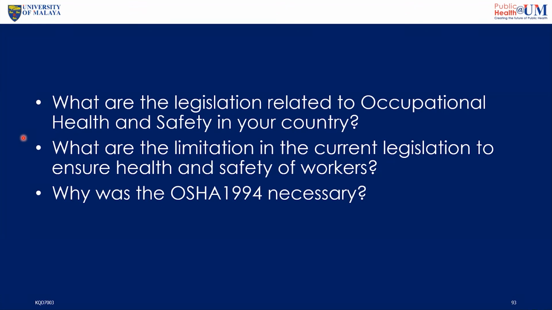If you look at FMA last time, it's very prescriptive. We tell you exactly what to do. So why did we move from FMA to OSHA? There are two reasons. We started off with FMA because the industry sector in Malaysia was very young, so to train everybody to know what to do was very difficult.